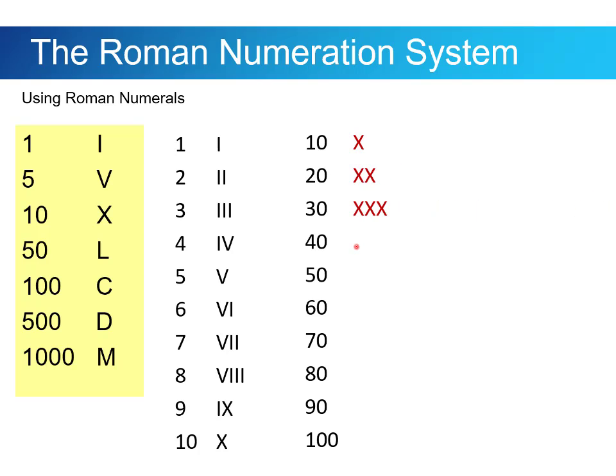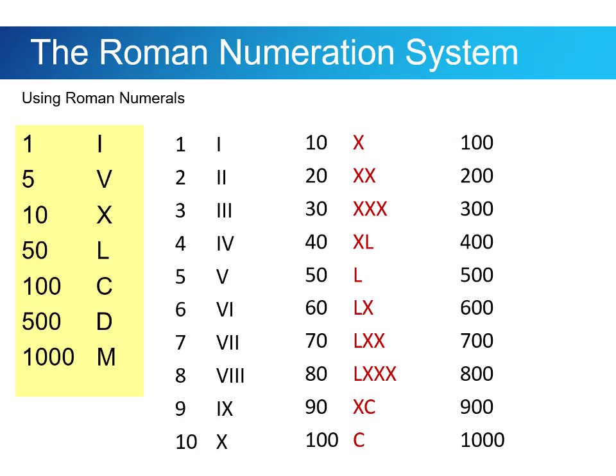With 40, I'm going to take the symbol for 50 and subtract 10 from that. So I get XL. There's 10 before 50. And then L for my 50, and then it becomes additive again. 70, 80. Now what's 90? It's my 10 before 100. So XC, and then 100.